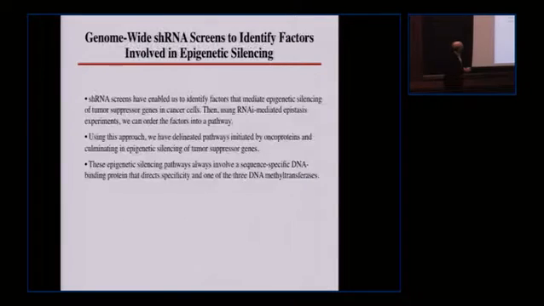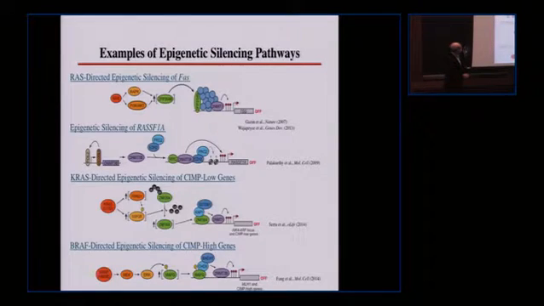Doing that, we've identified factors that mediate epigenetic silencing of tumor suppressor genes in cancer cells. We can then order these into pathways using epistasis analysis. And we find in all cases we've delineated pathways that are initiated by the oncoprotein and culminate in silencing of tumor suppressor genes. This just shows some of the examples of the pathways that we've identified.